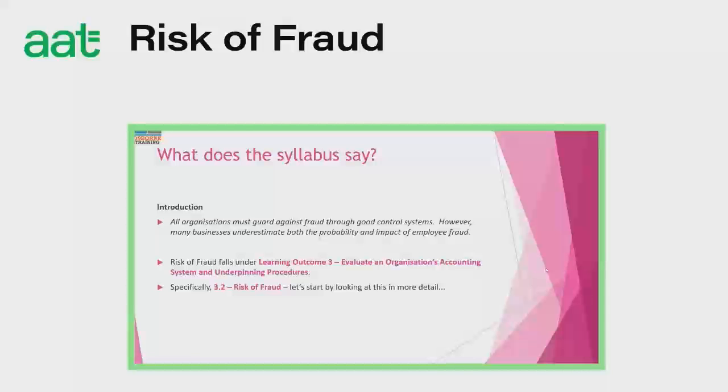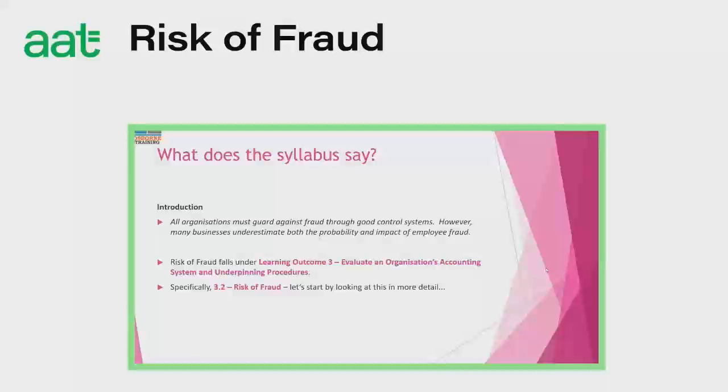As a reminder, everybody has got access to the syllabus in the Lifelong Learning Portal. So if you haven't found it yet, I would strongly recommend that you do have a read through the syllabus. In terms of risk of fraud, by the way, risk of fraud is within the internal accounting systems and controls module.